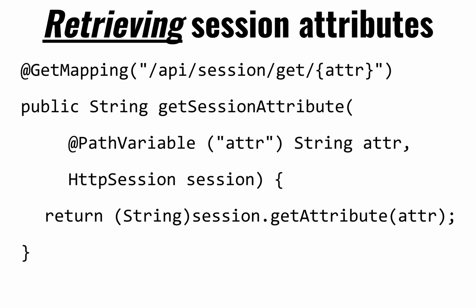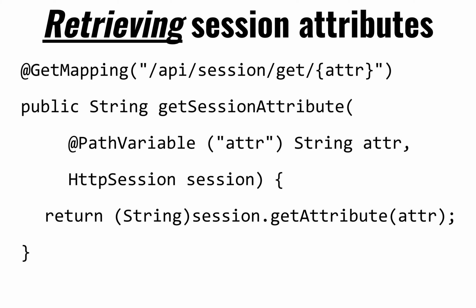To retrieve it, same thing. I'm here in the get, I'm passing the attribute name that I want to retrieve that I presumably had set the previous time, and then I can say session.getAttribute, and retrieve the attribute. Now notice that I'm casting. See the casting there? And that's why I can really put anything in the session. I could put a user, I could put a course, I could put a module, I could put anything in there.